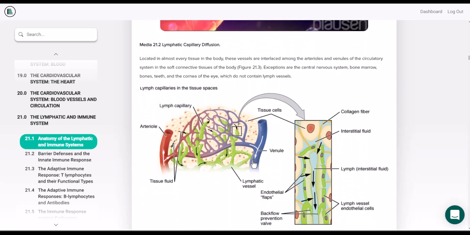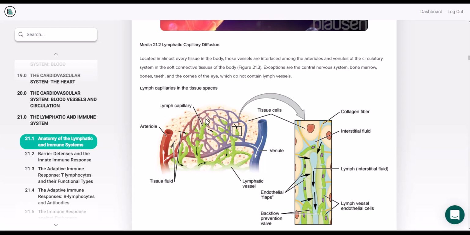So here is an even more detailed representation of those lymphatic capillaries associated with a capillary bed. Here's a traditional capillary bed. Blood is coming through an arteriole, comes through the meta-arteriole, comes into the capillary bed.